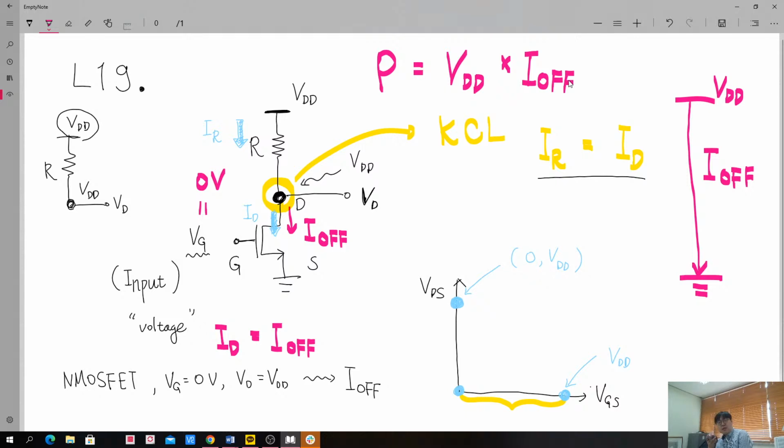Although VDD is around, for example, 0.7 volt or 1 or 2 volts, since Ioff is so small, the product between VDD and Ioff is really a negligible number. Yes, that's true for a single device.